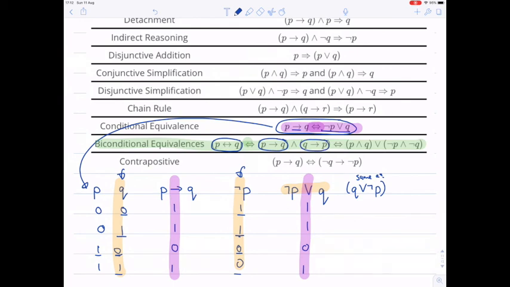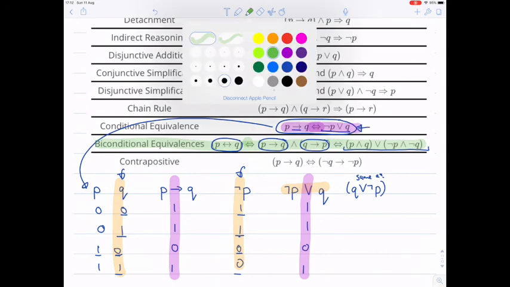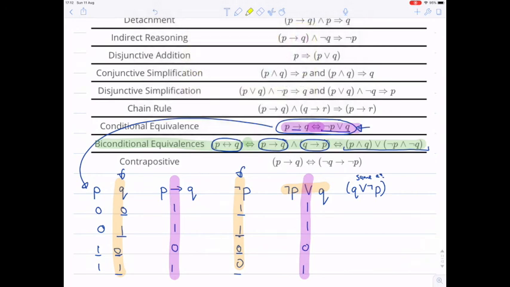But then what we do is we use our conditional equivalence from up above to be able to take this biconditional equivalence and turn it into something that only involves ands and ors. And then the final useful thing to have a look at is our contrapositive, which we've seen before.